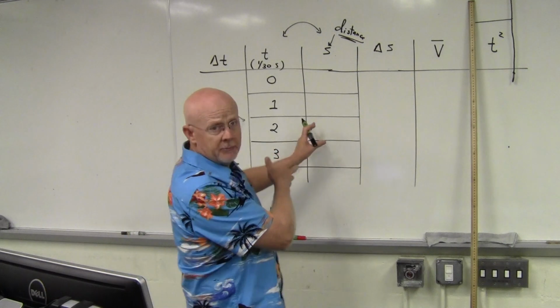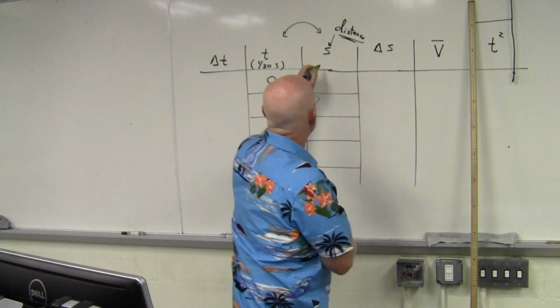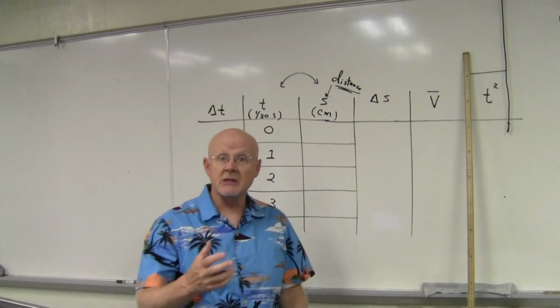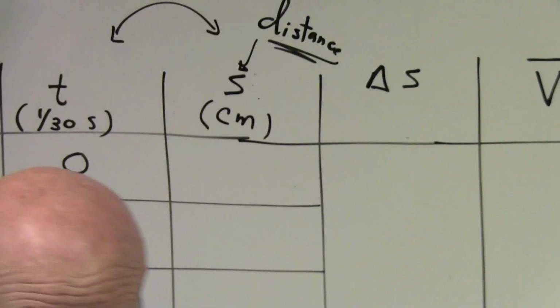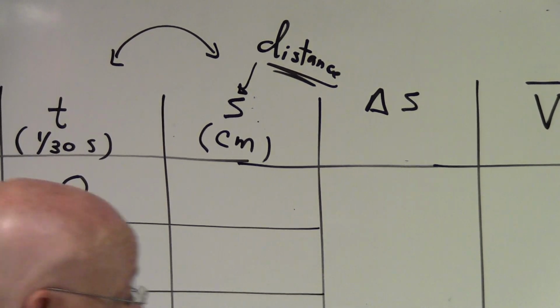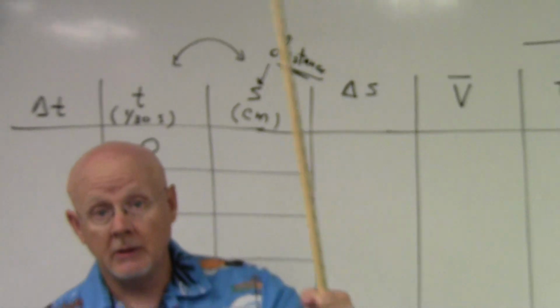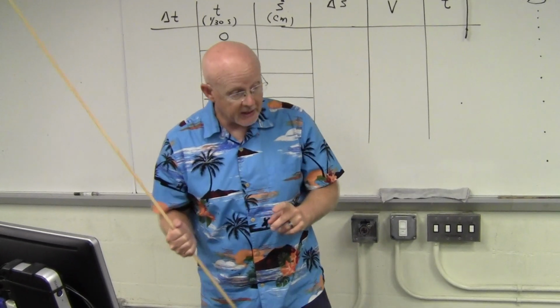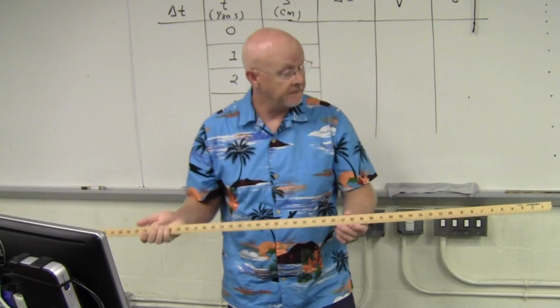Now, this column, the third column, as I said, is distance. And you'll notice that it says measure the distance in centimeters. All right, so following their lead, I'm going to grab this longer one, and I think this is more than 1 meter, so that's why I grabbed the longer one.